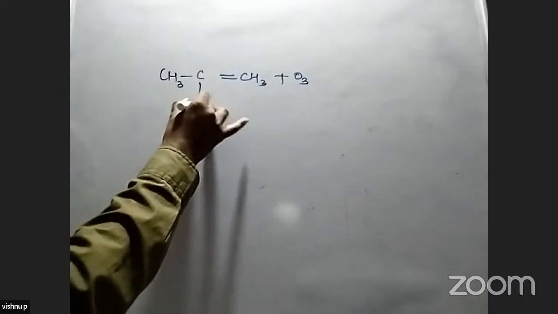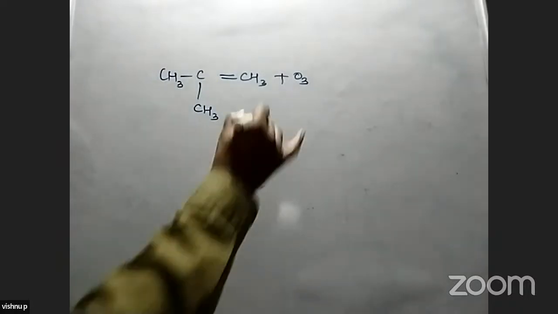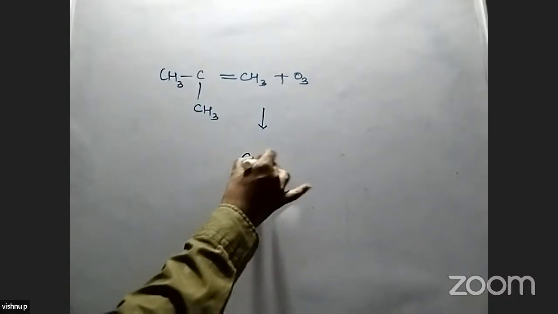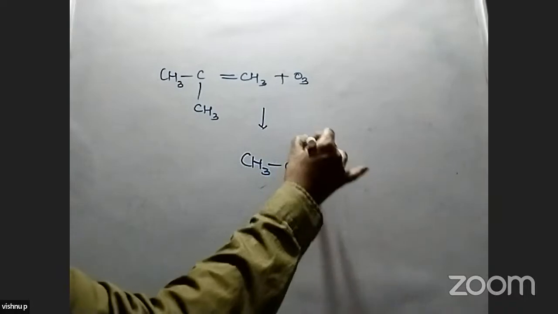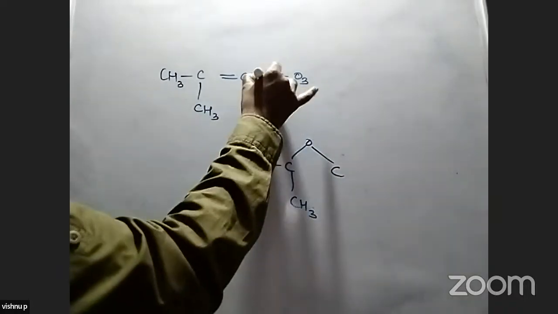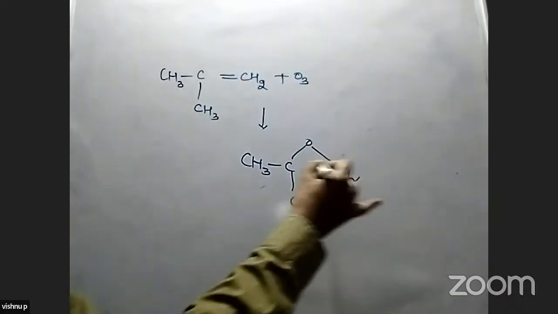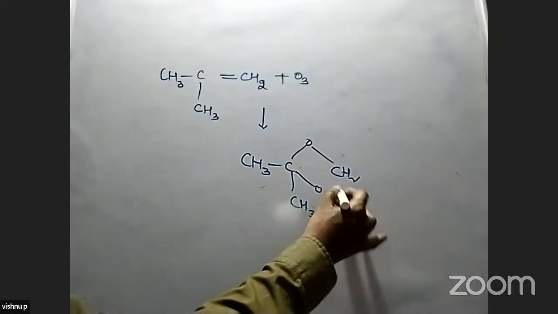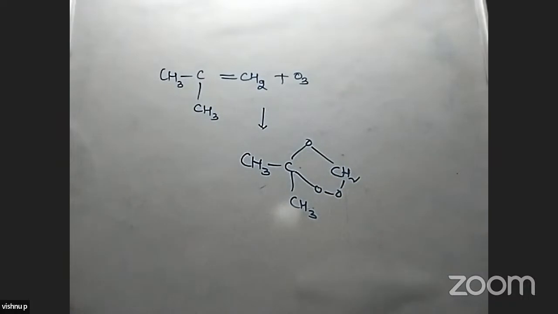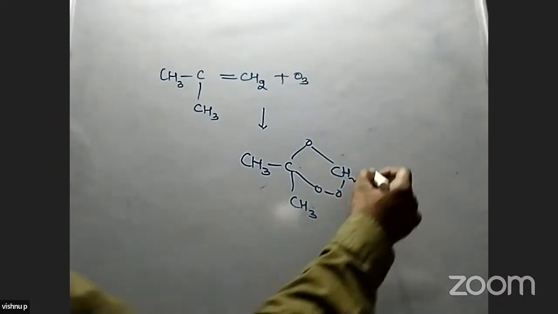Find out what type of compound is formed. Where unsaturation is present, there ozone is involved. So we get this compound, with oxygen and 2 hydrogens.